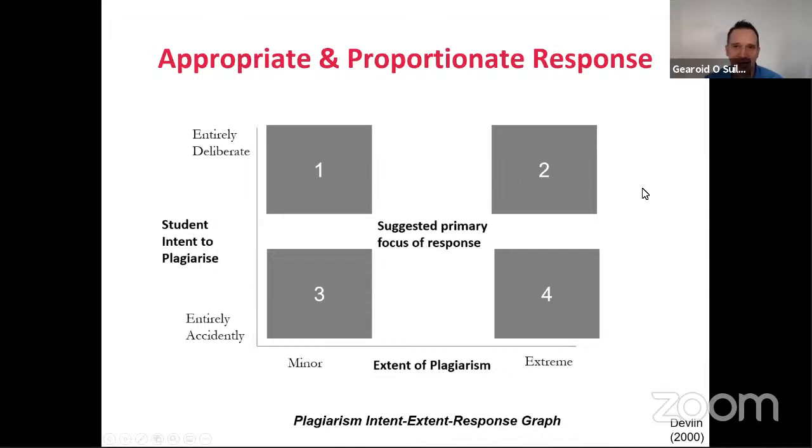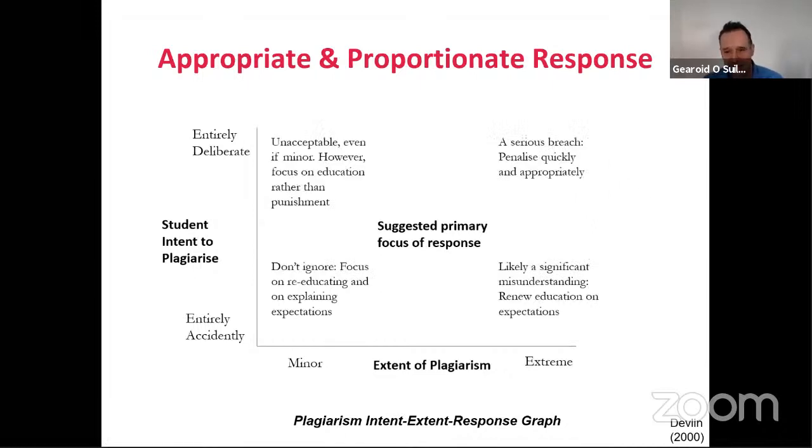Okay, and so here, according to Devlin, is what the appropriate response would be. The worst breach is extreme extent and extreme intent, and so the advice then is to penalize quickly and appropriately.